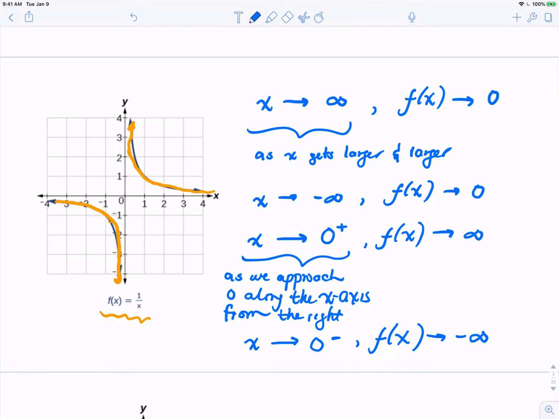And we're going to talk a little bit more about what these boundary lines are. As we approach 0, we see that the function gets very close but doesn't touch. As we look at the y values, something interesting is going on at the x-axis as well. We're going to talk about what these lines are called in a little bit.